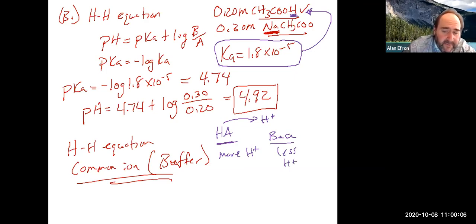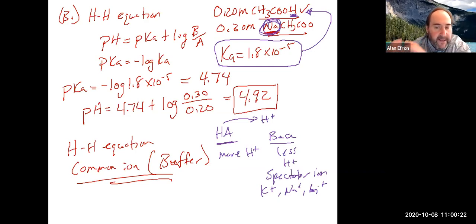In addition, typically the base will have a spectator ion involved, like a potassium, a sodium, lithium. It'll have some type of spectator ion present, like we see here, sodium. So that's a good way to identify it. Again, the acid usually will have more H plus, the base will have less H plus, and the conjugate base will have, again, a spectator ion.